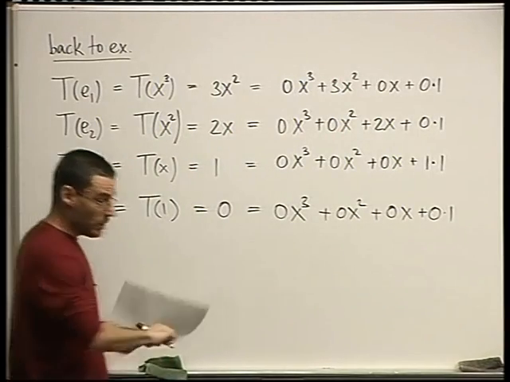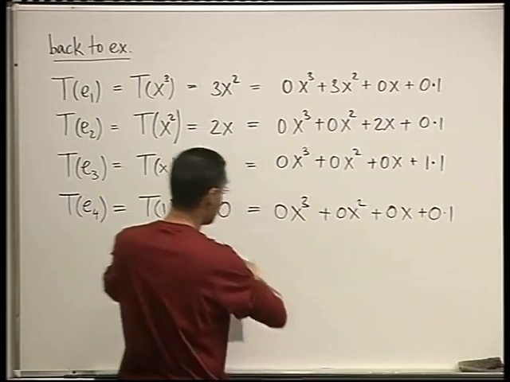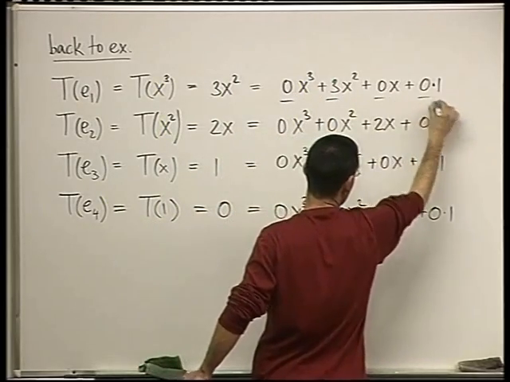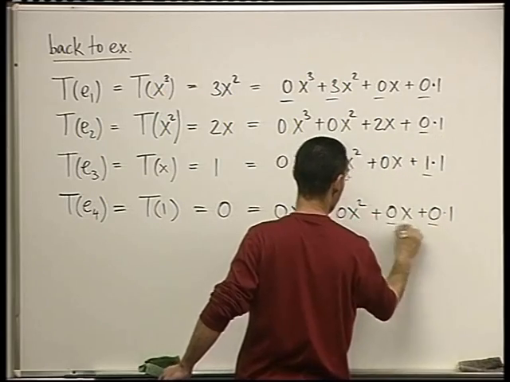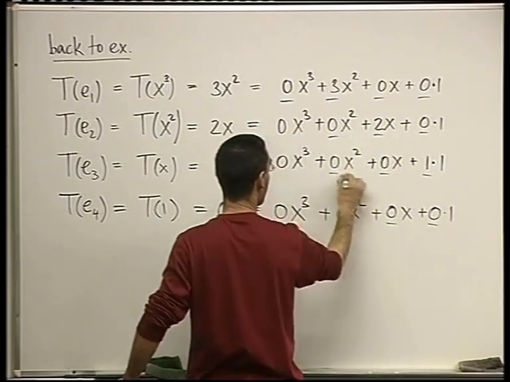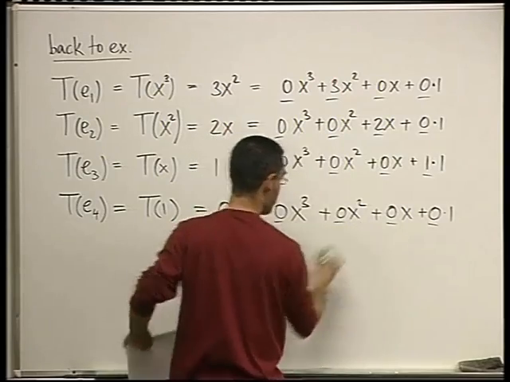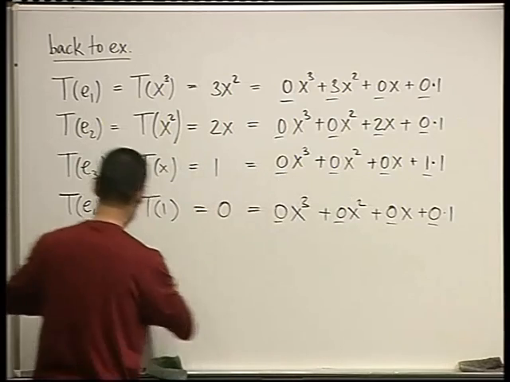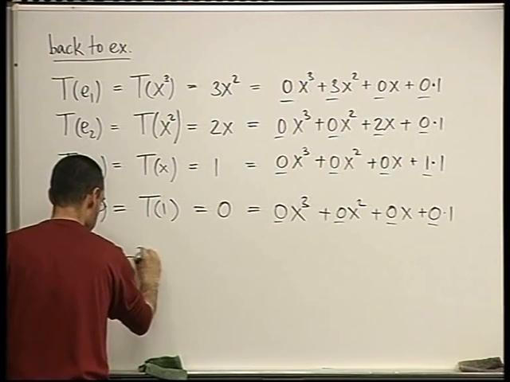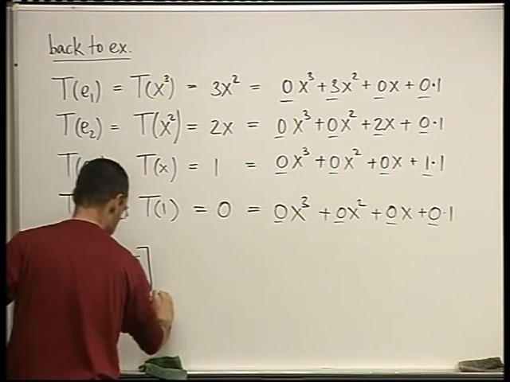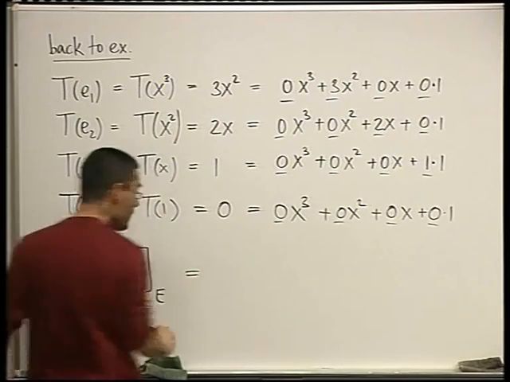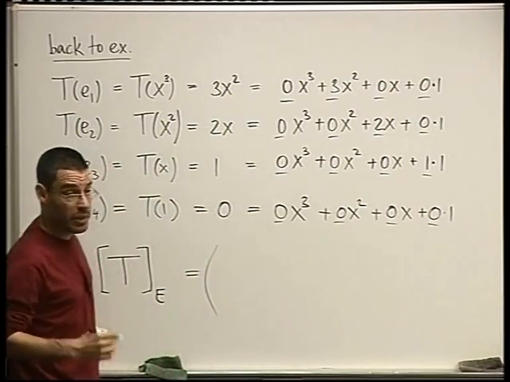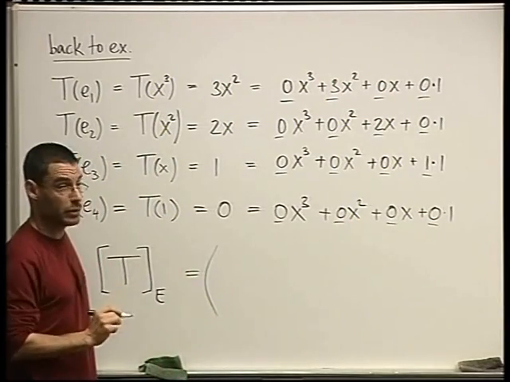Right? And now we take these coefficients and transpose them. So these are the coefficients, and we transpose them. So the matrix representation of T with respect to the basis E is indeed the A that we found manually without knowing the algorithm for doing it.